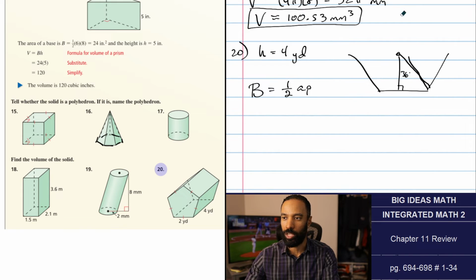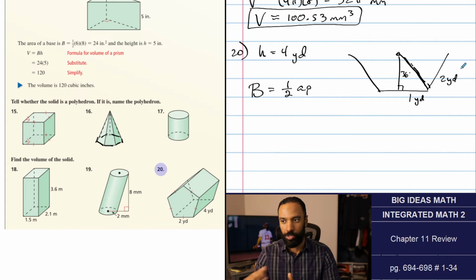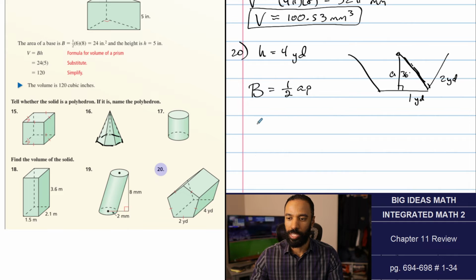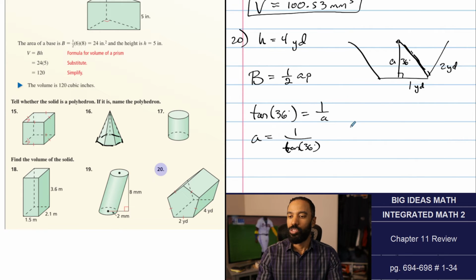If a length is 2 yards, then half a length is 1 yard. We've got to get the apothem, A. So we'll use tangent. The tangent of 36 degrees is 1 over A. So A is 1 over tangent of 36 degrees. So that's the apothem.